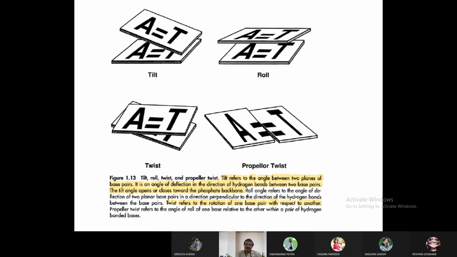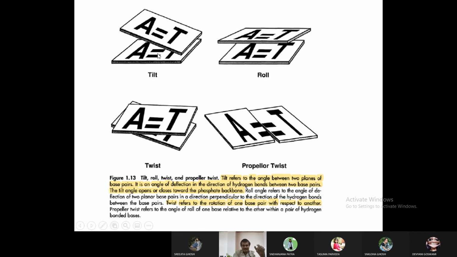One of the rotations is called tilt. And what is tilt? If somebody tells you that your car is tilted while parking, what has actually happened? One end of the car is down, one end is a little bit up, correct?